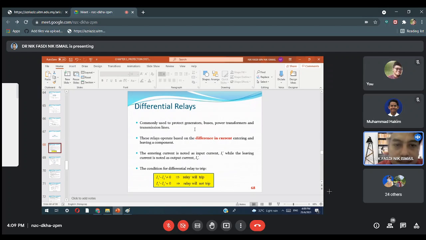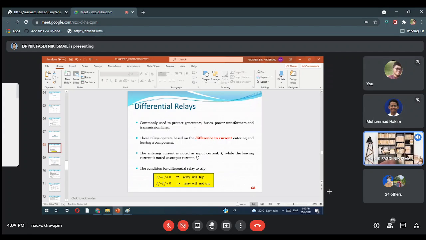However, to protect the equipment, we are using this type of relay known as a differential relay. Okay, right. Commonly used to protect generators, buses, power transformer and transmission line. Yes, we can also use to protect transmission line, but the common application usually to protect the generators, bus and power transformer atau equipment in the power system network.